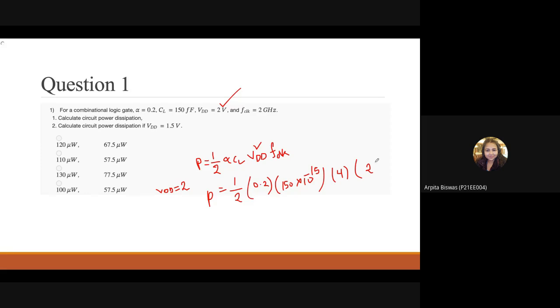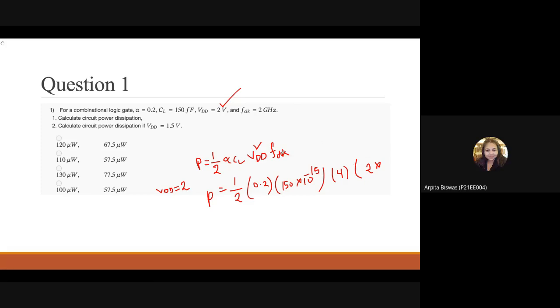It's 2 gigahertz. So if you convert from gigahertz to hertz, we have to multiply it with what? Tell me, ma'am, the conversion.